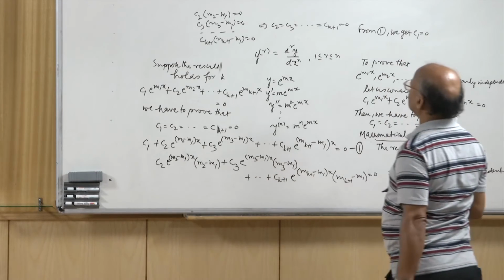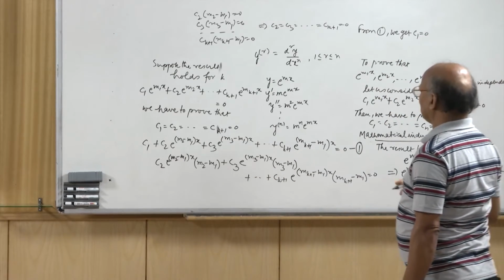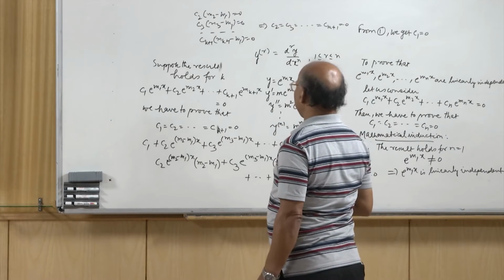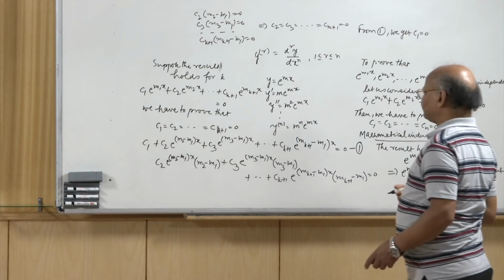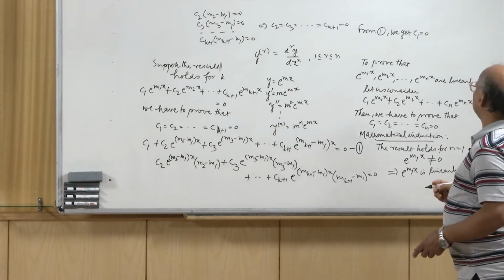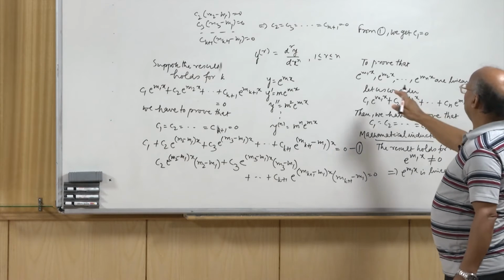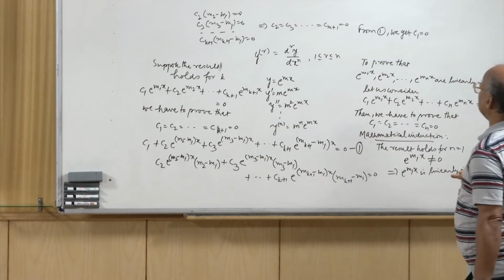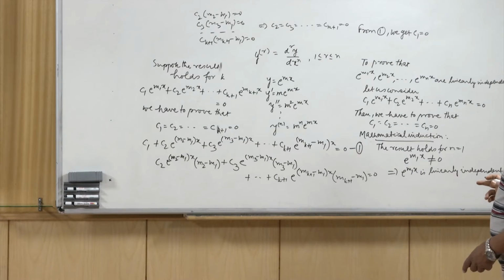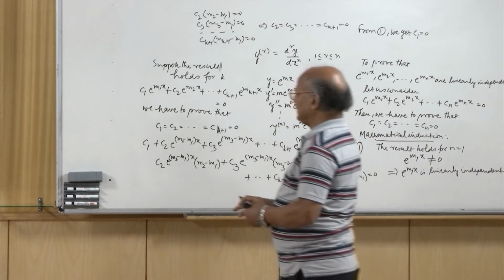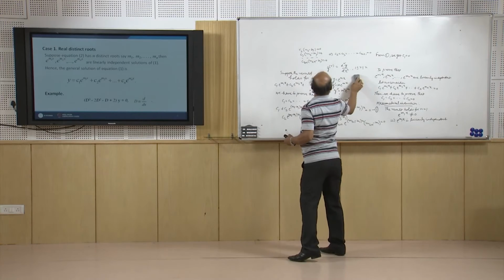So, C1, C2, C3 and so on, Ck plus 1 equal to 0. So, the result holds for k plus 1, and by mathematical induction it holds for all k. So, the n functions e to the power m1 x, e to the power m2 x and so on, e to the power mn x are linearly independent.